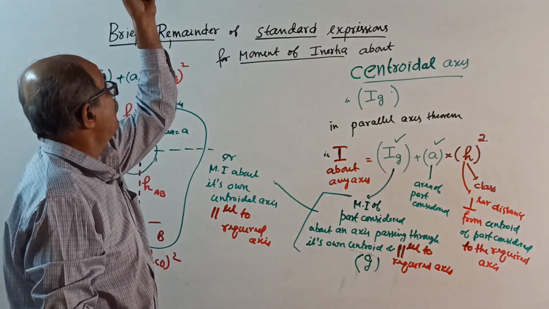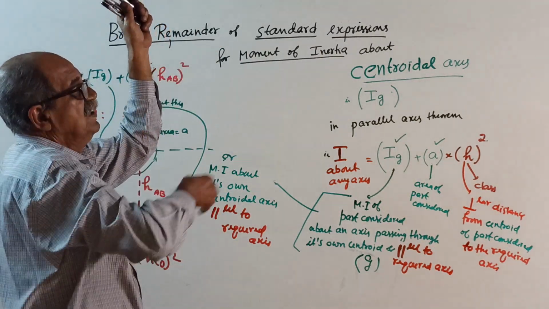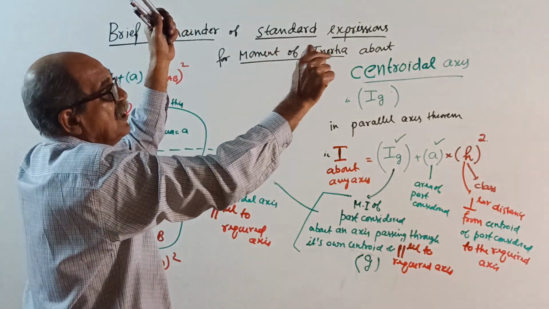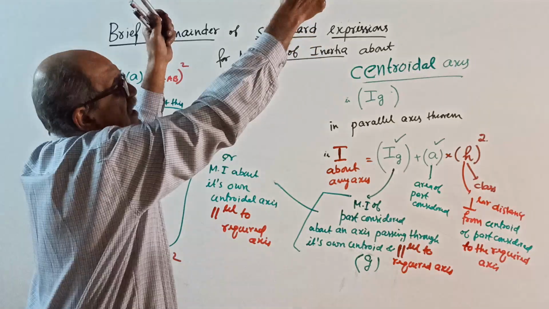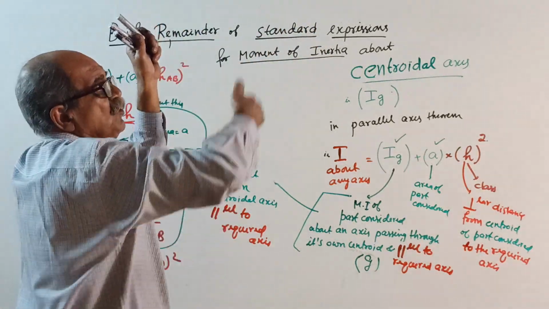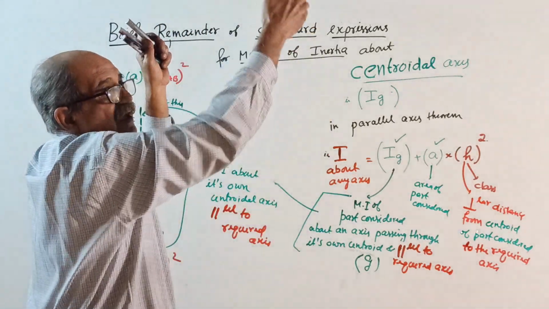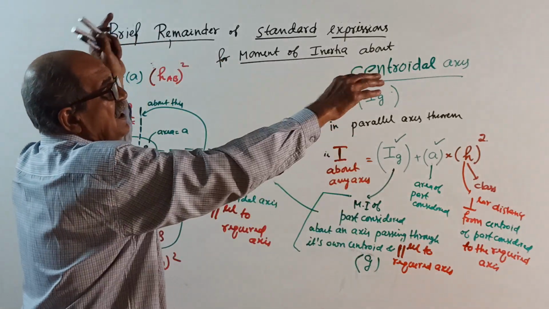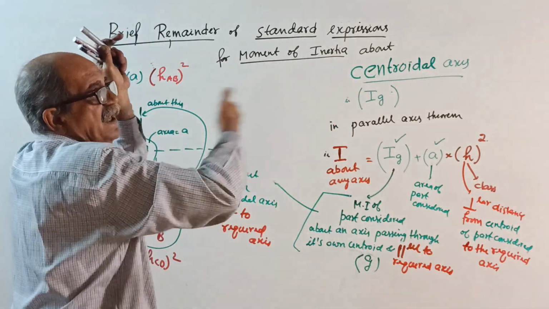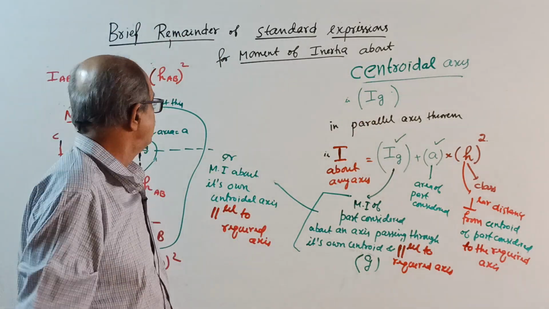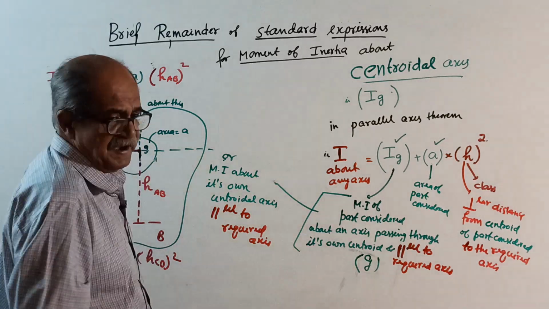If you want I about any vertical axis, first go to the component, come to the CG, imagine an axis passing through its CG parallel to this vertical axis. Write I about that axis, that is Ig, plus area into this distance square. Vertical axis means horizontal distance square. This is one reminder.